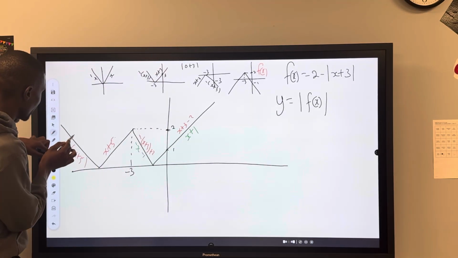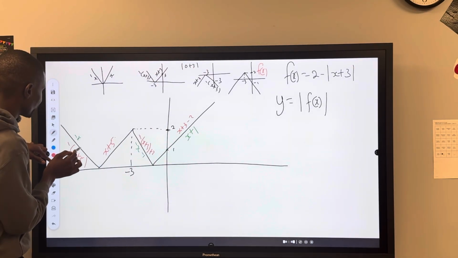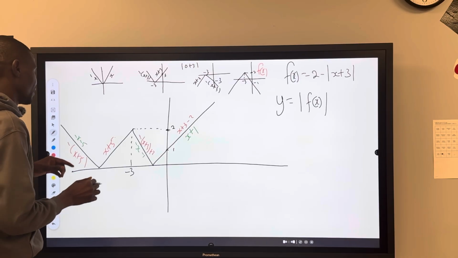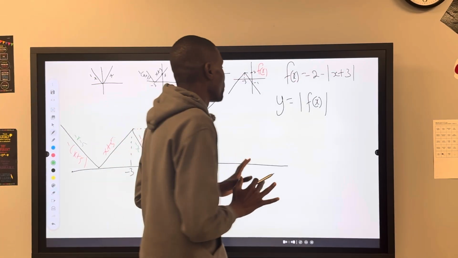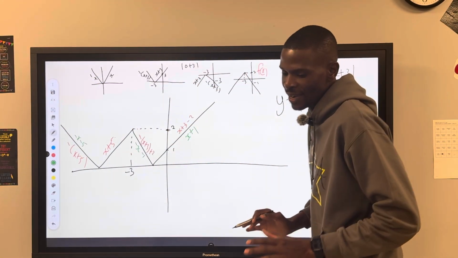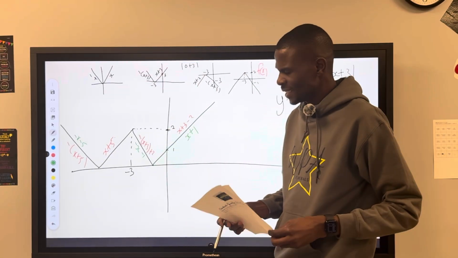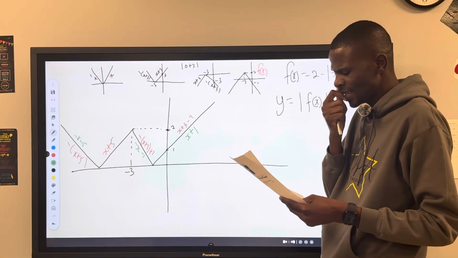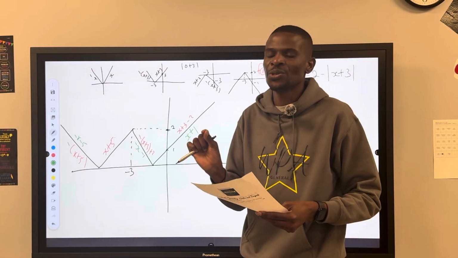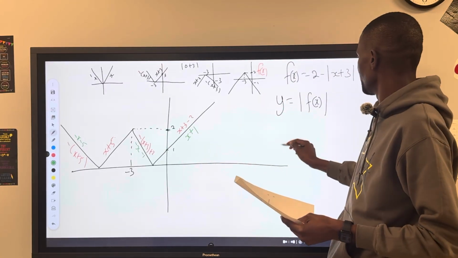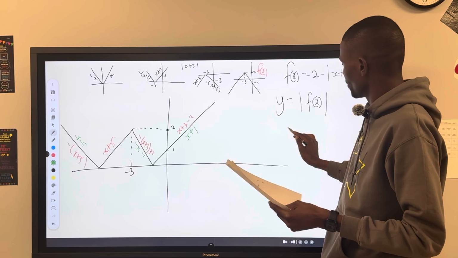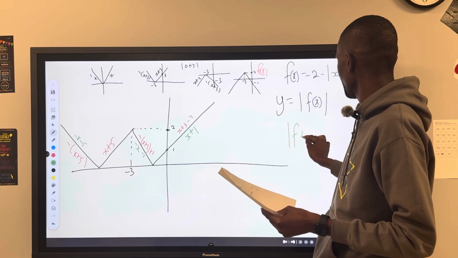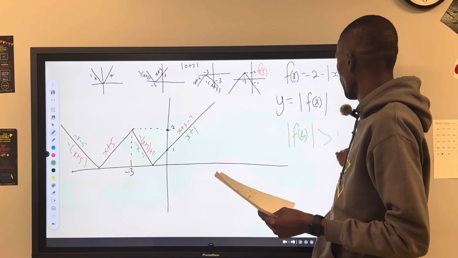And here we have negative x minus 5. There is a reason why I'm putting these equations through. For sketching, you don't need these equations, but I need them to solve the inequality in the second part, which says absolute of f of x is greater than 1, right?